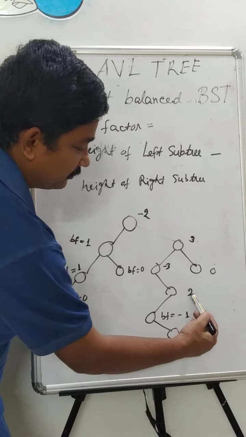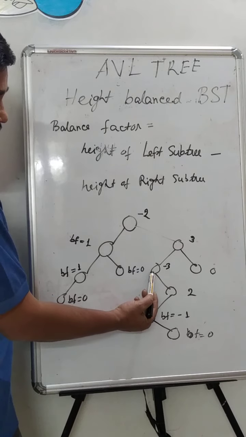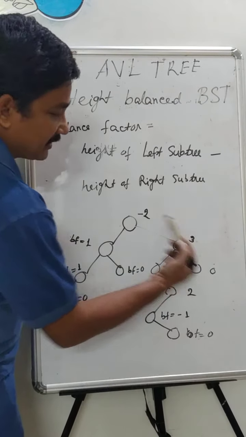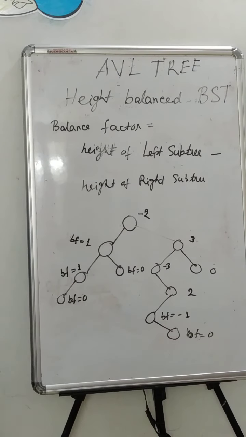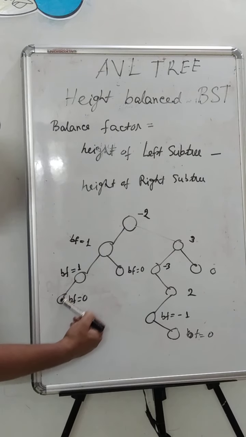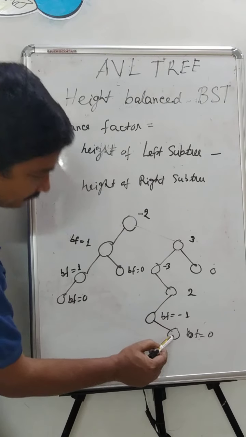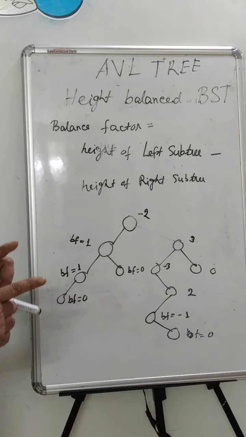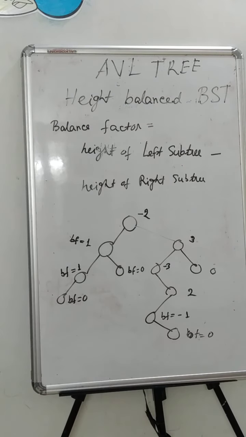So 2 minus 0, that is 2. Similarly, for this one it is minus 3, and for this one it is plus 3. And this node has a left subtree height of 3 and a right subtree height of 5. So 3 minus 5, so minus 2. I hope from this you have understood how the balance factor can be calculated.